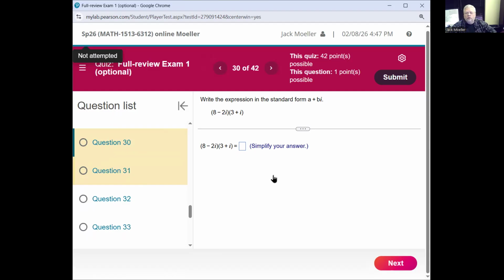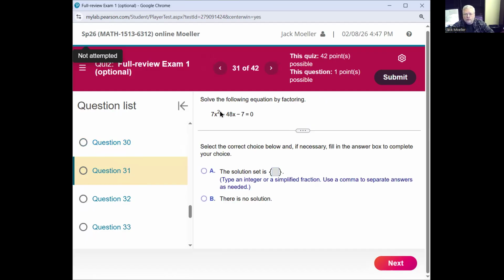All right. So then we get into solving quadratic equations. Now we're solving these with x squared. To solve quadratic equations is either solve by factoring, solve by square root property, or the quadratic formula. Now this one specifically says solve equation by factoring. Okay.